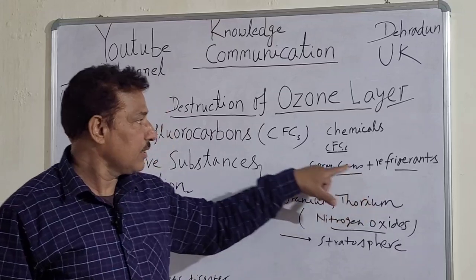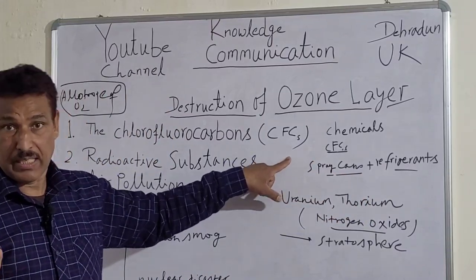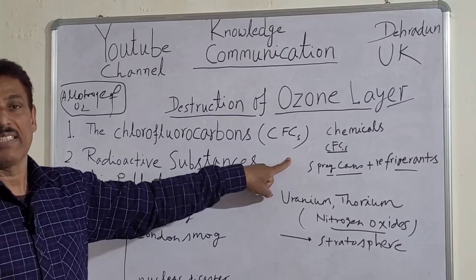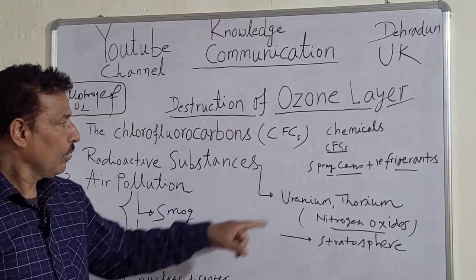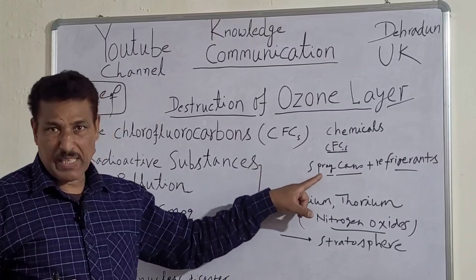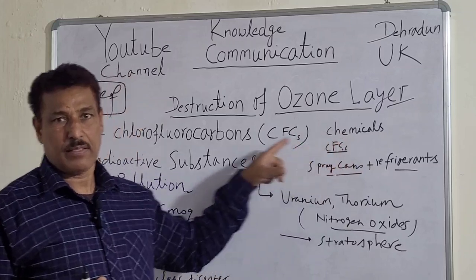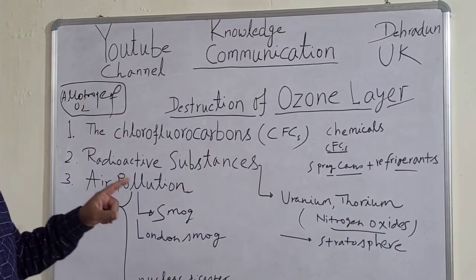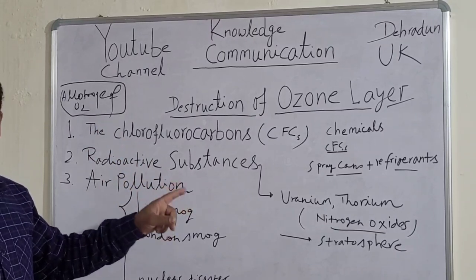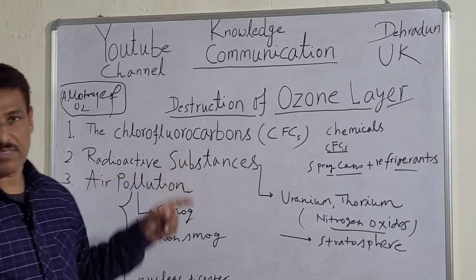These refrigerants are actually CFCs, chlorofluorocarbons. They damage the atmosphere very badly. In spray cans and refrigerants, CFCs are widely used, which are damaging the ozone layer.